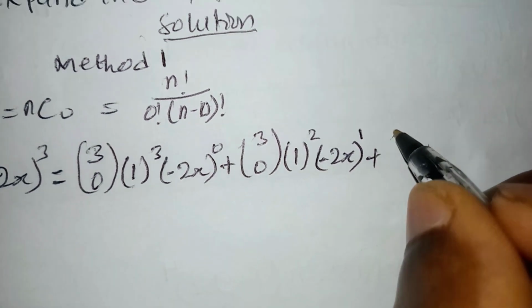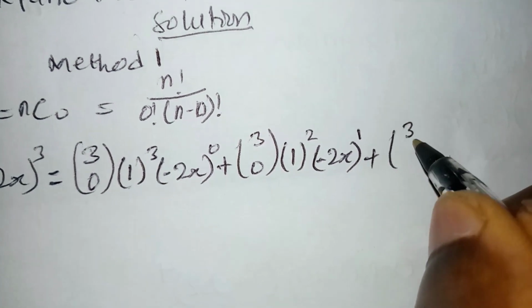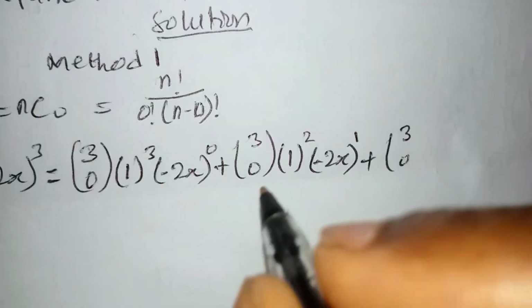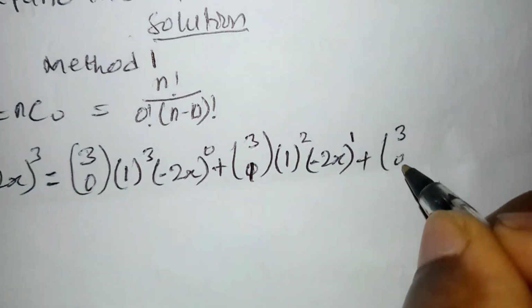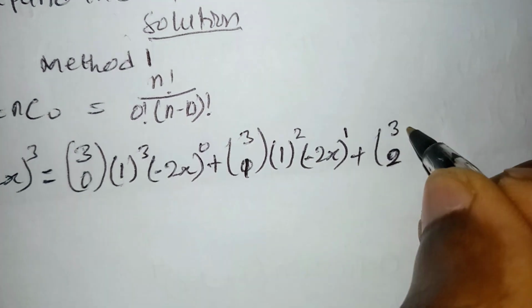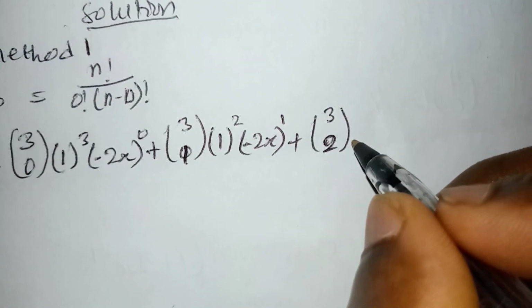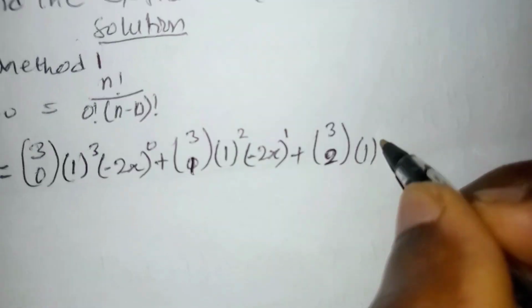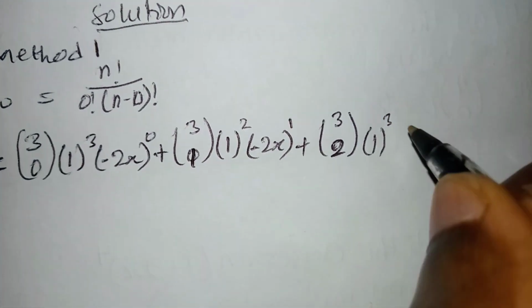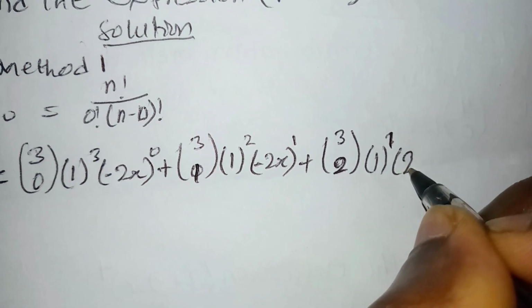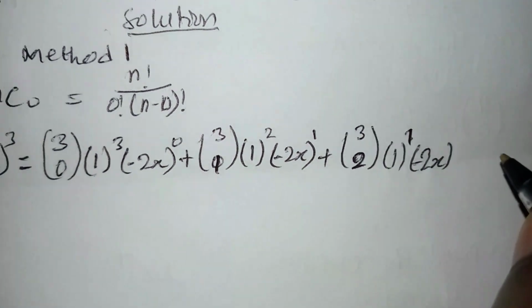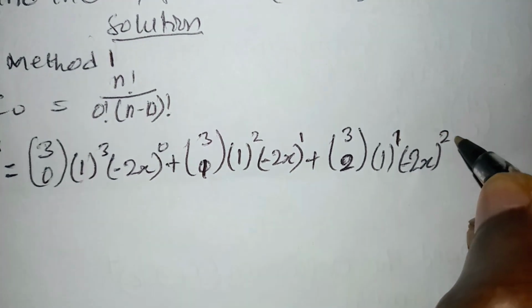The next term should be 3 combination 2 multiplying with 1 exponent 1, then negative 2x exponent 2.